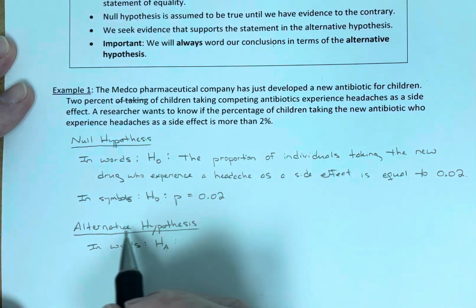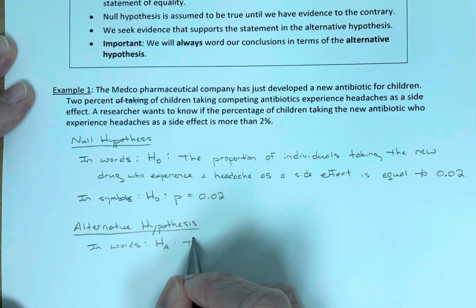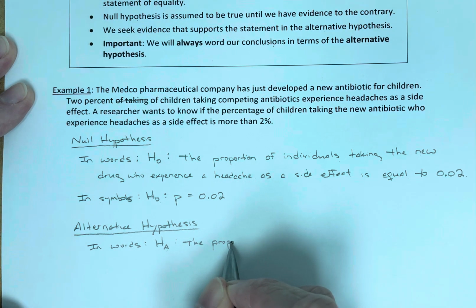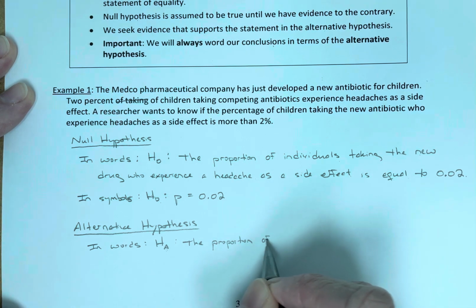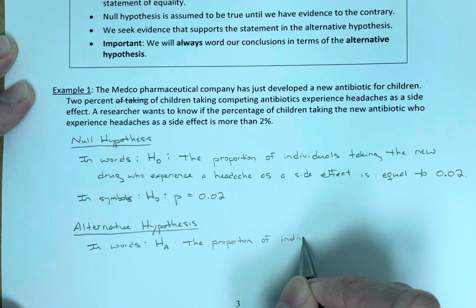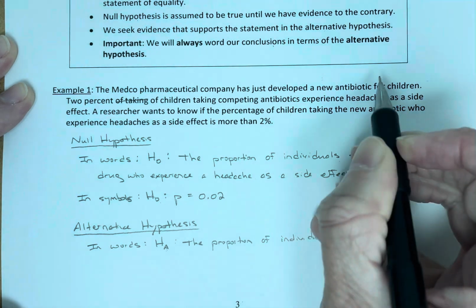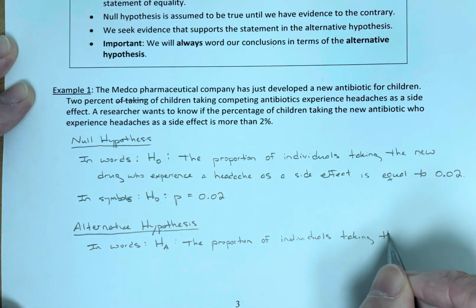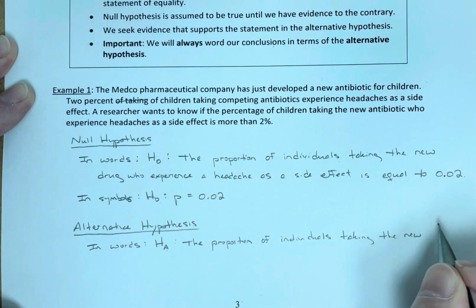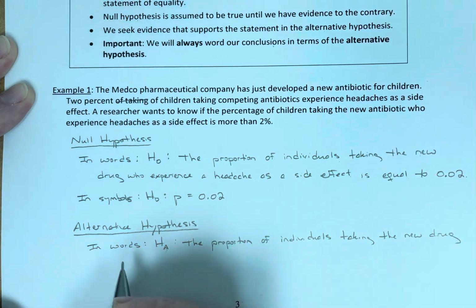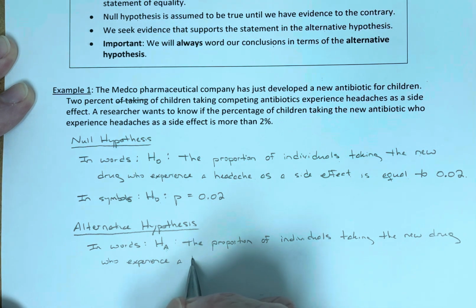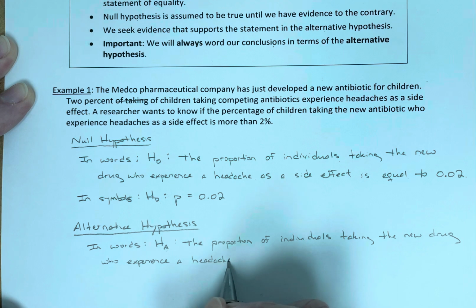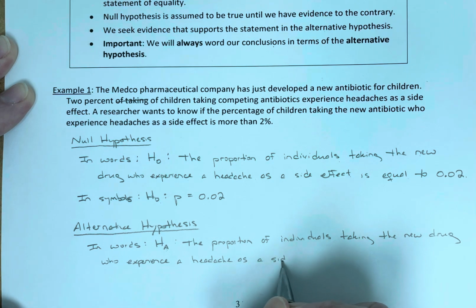Okay, so the alternative hypothesis, in words, the proportion of individuals, and actually I guess these individuals would be children, taking the new drug who experience a headache as a side effect.